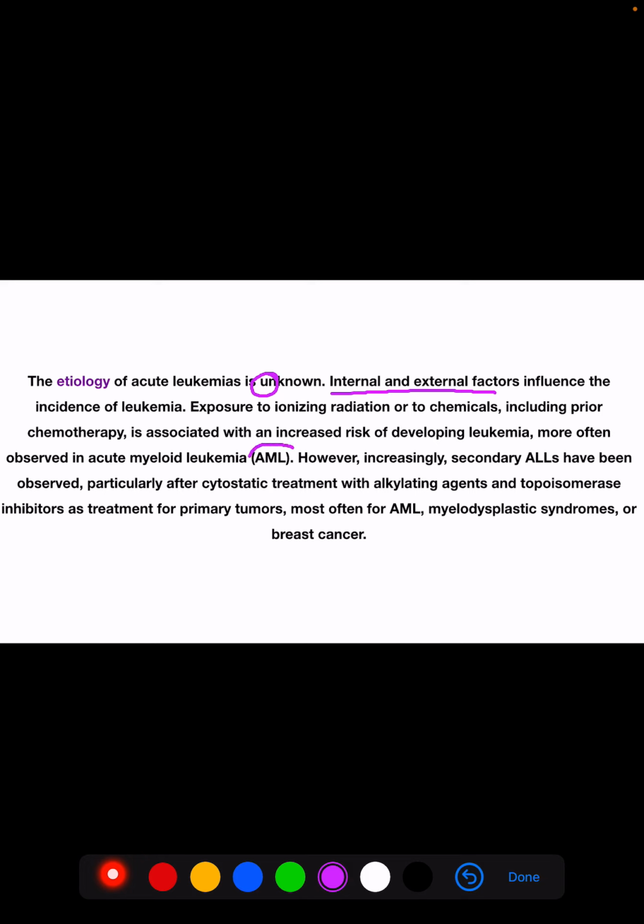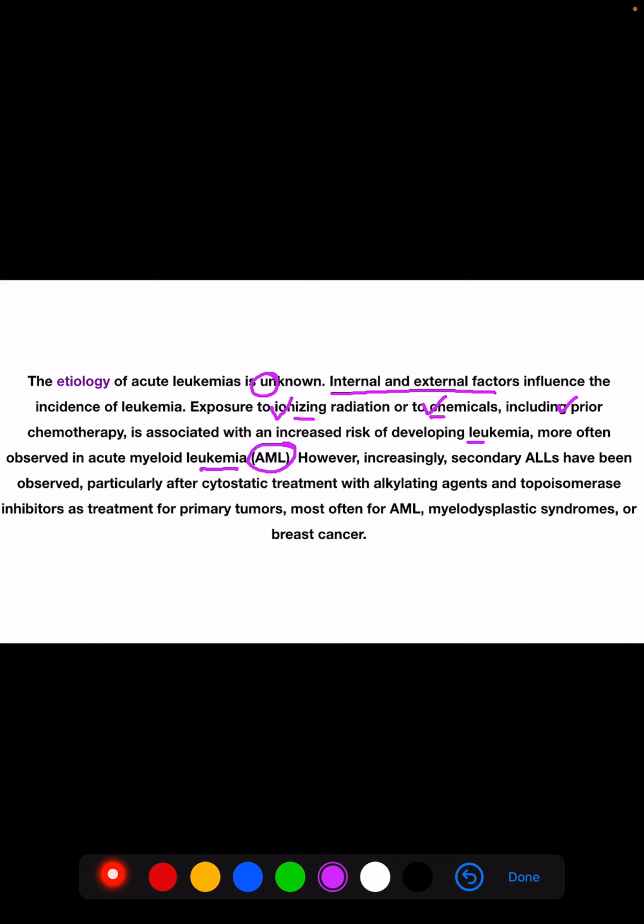If we take acute myeloid leukemia, exposure to ionizing radiation, chemicals, or prior chemotherapy increases the risk of developing leukemia, but this is mostly observed in acute myeloid leukemia.